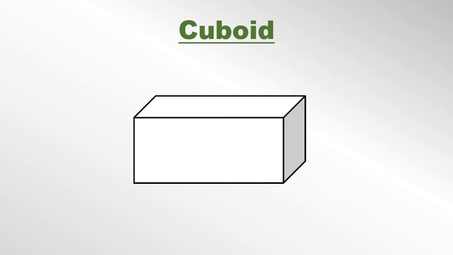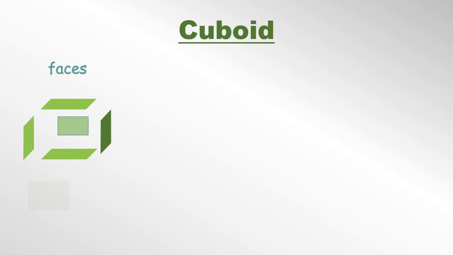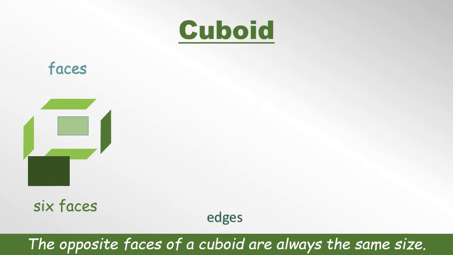Cuboid. I want you to count the number of faces, edges, and vertices of the cuboid. Good work there. Now let's do it together. Faces first. 1, 2, 3, 4, 5, and 6.